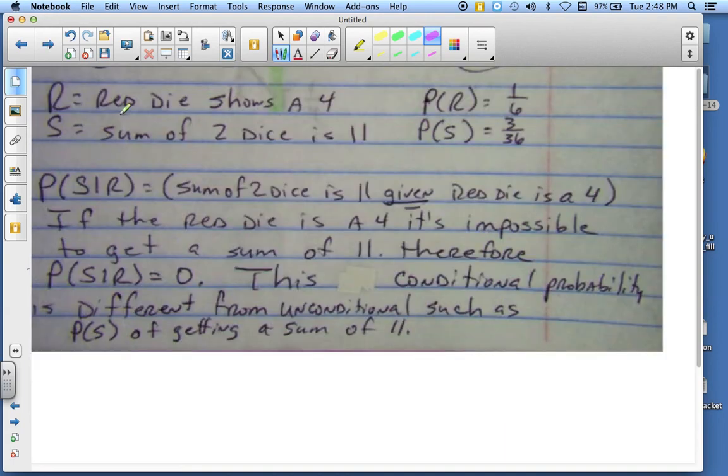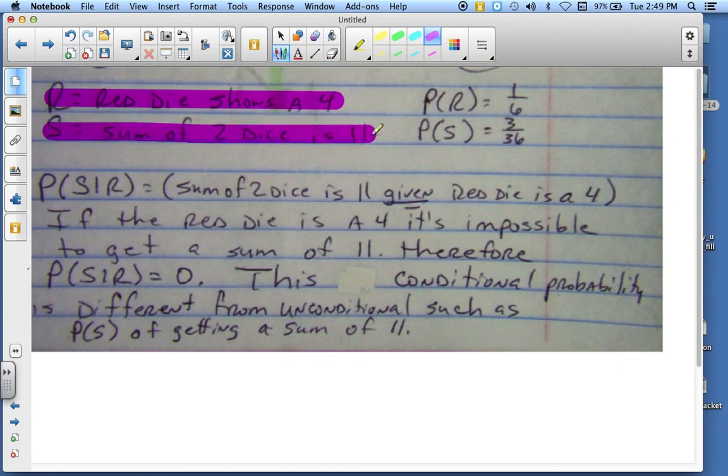Let's go over this one real quick. This actually is dependent. If you have two dice, and for the first event you want to roll a 4, and for the other you want the sum of the dice to equal 11, well, the probabilities are 1/6 and 3 out of 36. So you have a probability of rolling a 4 one out of six times, and your probability of rolling an 11 is 3 out of 36.